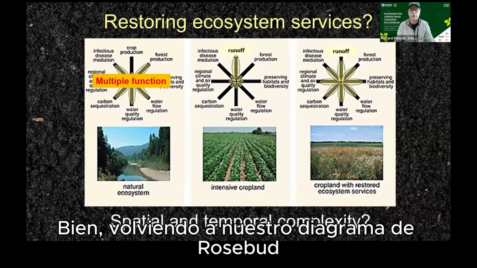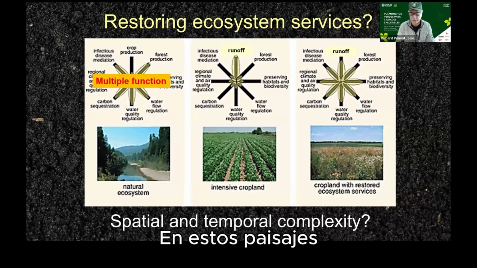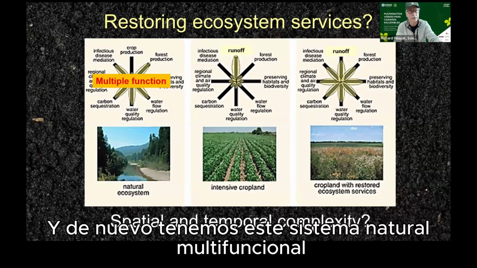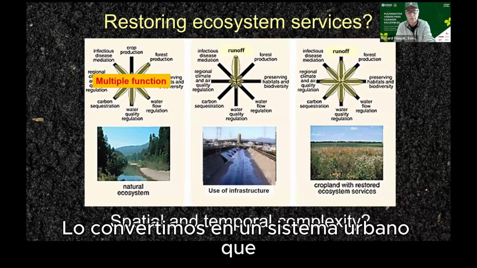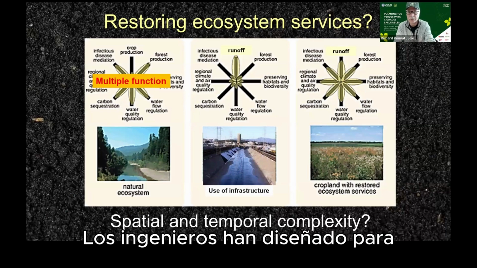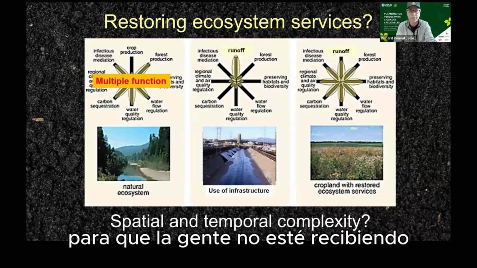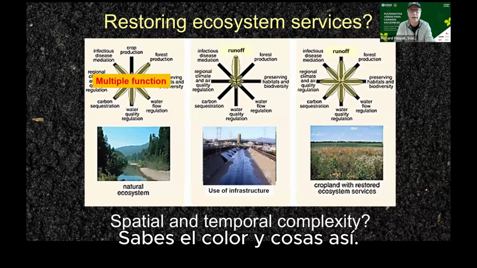Okay, going back to our rose diagram, how do we restore ecosystem services in these landscapes? And again, we have this multi-functioning natural system. We converted to an urban system, the sanitary cities, if you recall, that engineers have designed to maintain a healthy situation so that people aren't getting cholera and things like that.